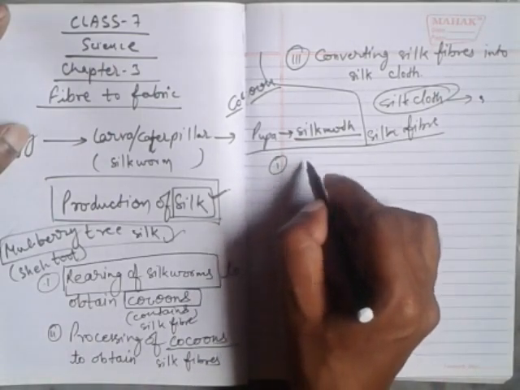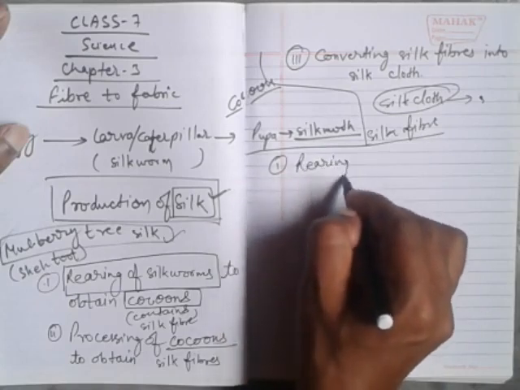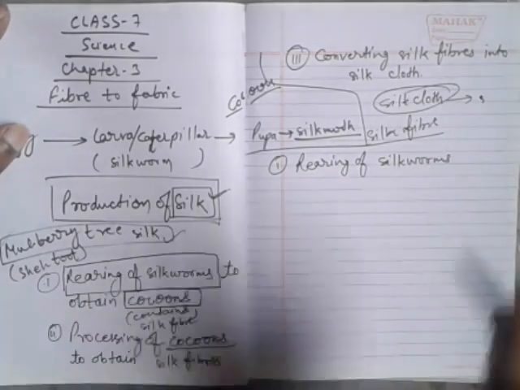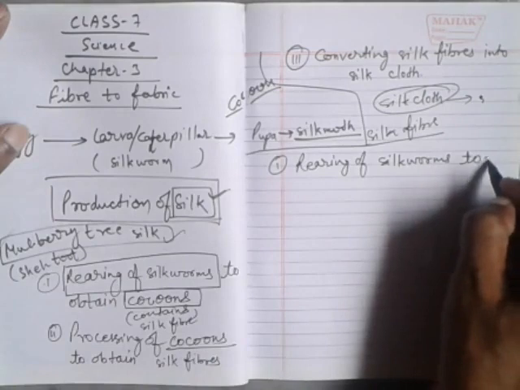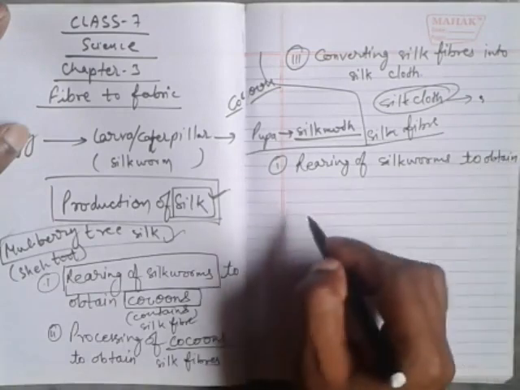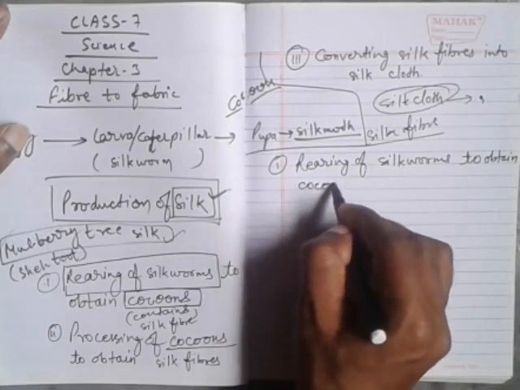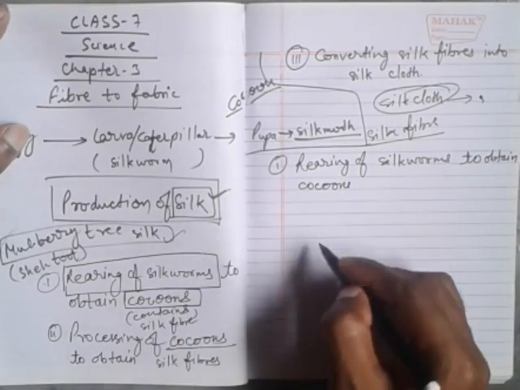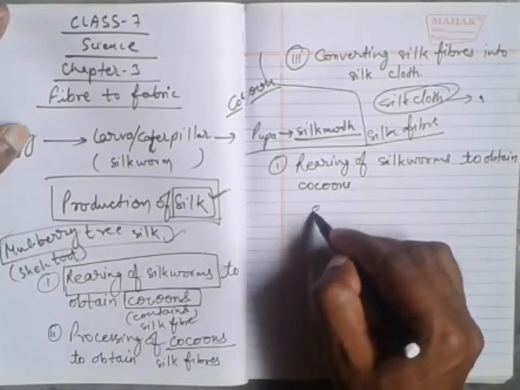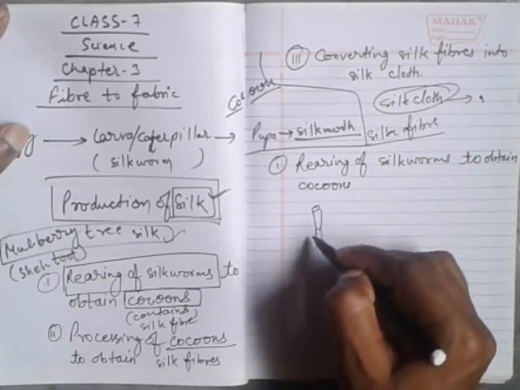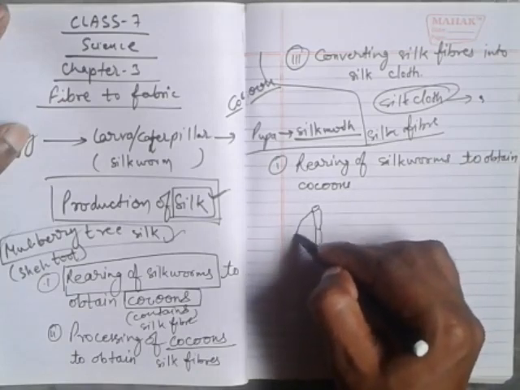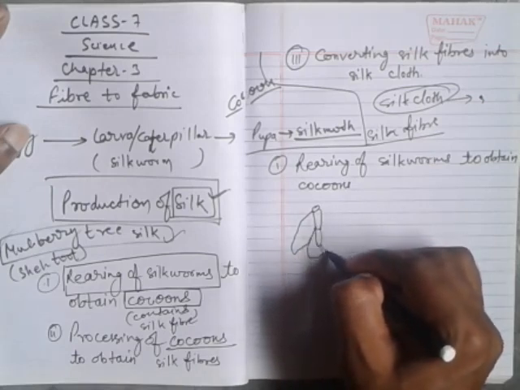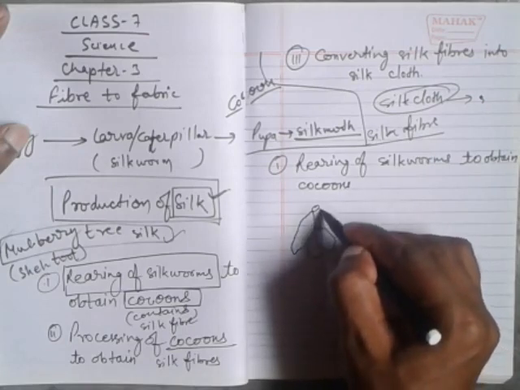First of all, rearing of silkworms to obtain cocoons. A female silk moth.